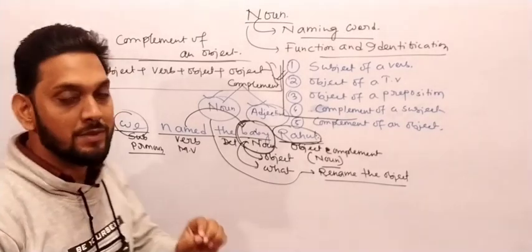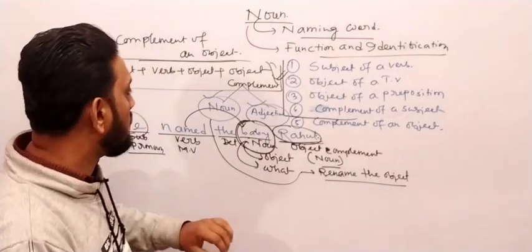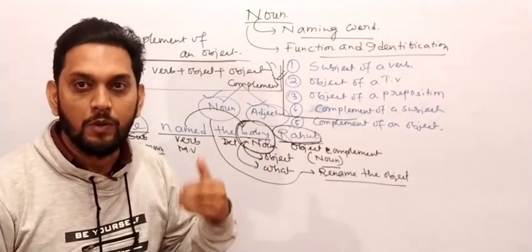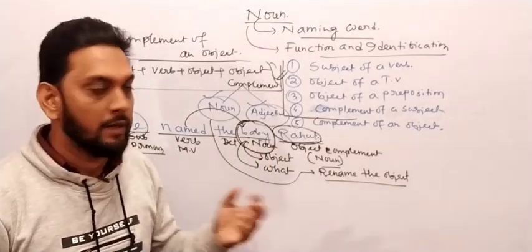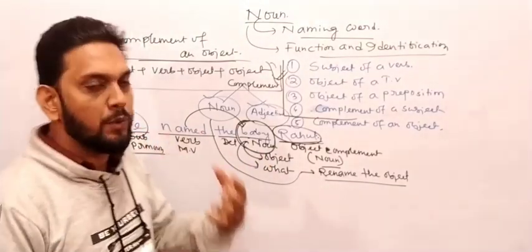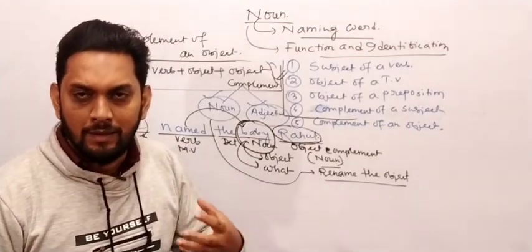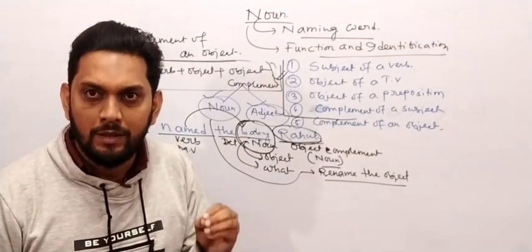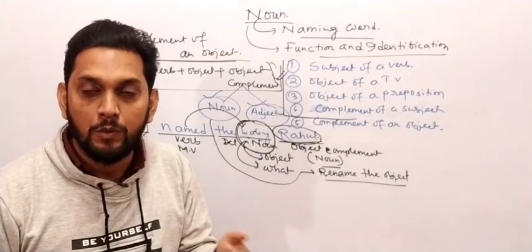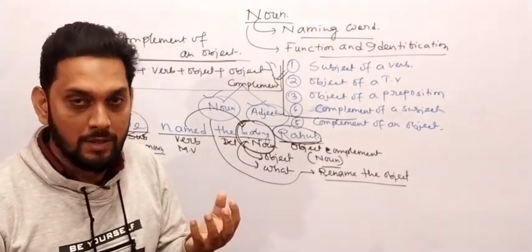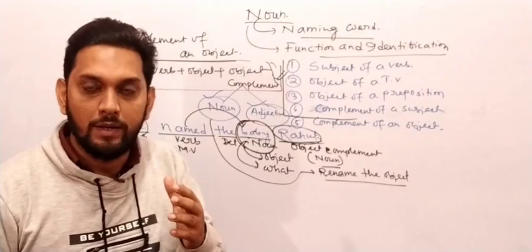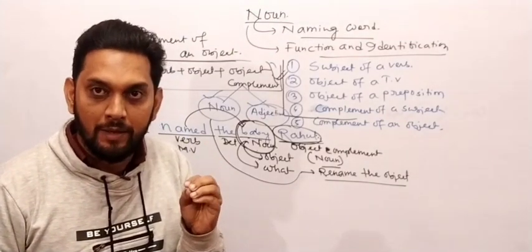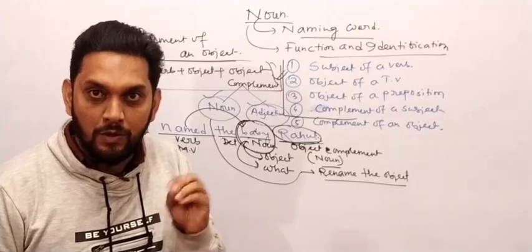Most of the students don't have any idea whether the object complement can be a noun or adjective. They could not understand it. So how can you understand whether this object complement acts as a noun or adjective?